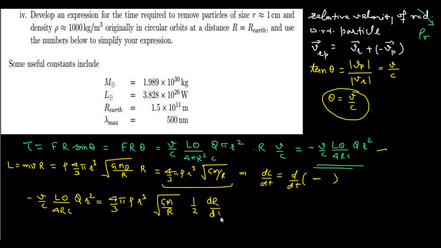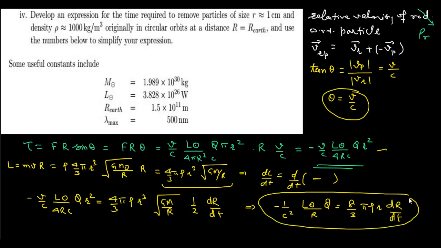Here we have differentiated this under root r, so from here we have got this part, and if we solve this equation we will get finally minus 1 by c square L solar divided by r into q, and that is equal to 8 by 3 pi rho r dr by dt. So this is our desired differential equation of part 3.